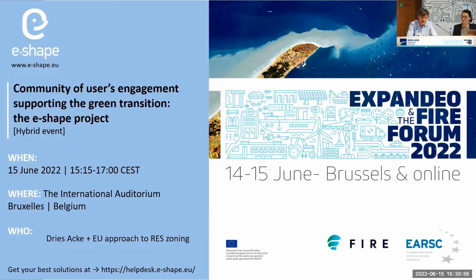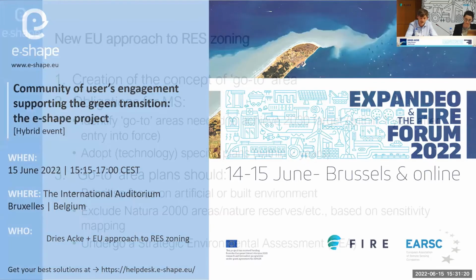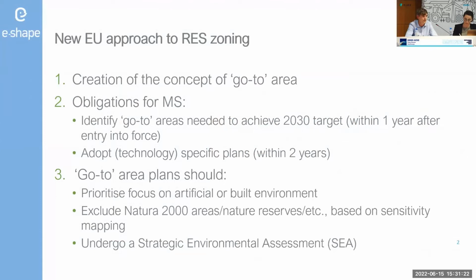Now, there's a couple of bottlenecks, reasons why this may not materialize the way we would like to see it materialized. There are many bottlenecks, but the one that is most important for this conversation is the bottleneck that relates to space, land use, available areas, avoiding conflicts with other uses, nature in particular.